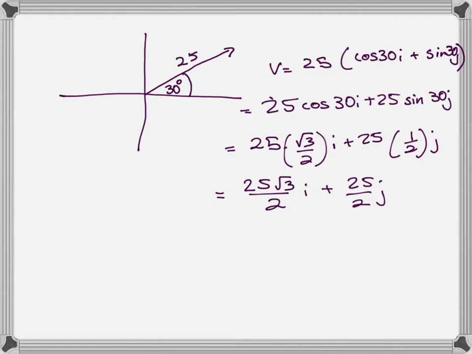Let me just graph this here. The horizontal is the 25 square root of 3 over 2, and the vertical is 25 halves. Here you go. So that's it. Let me pause this for a second.